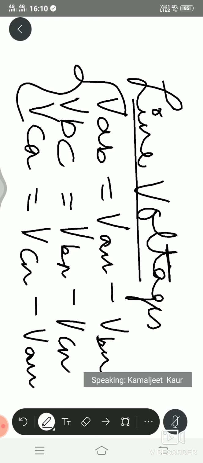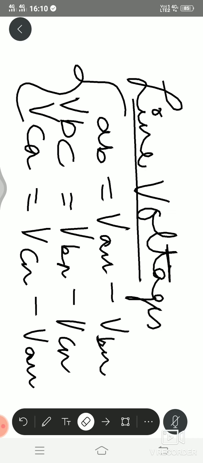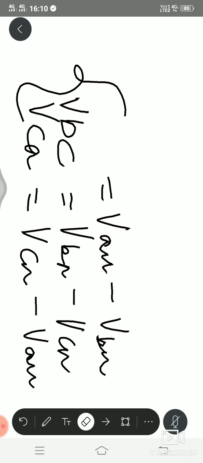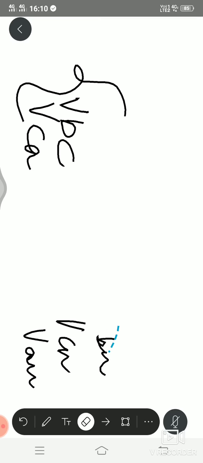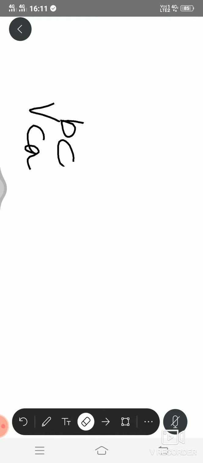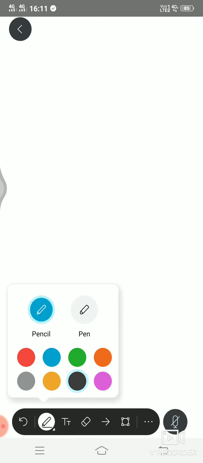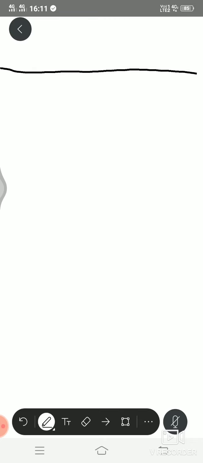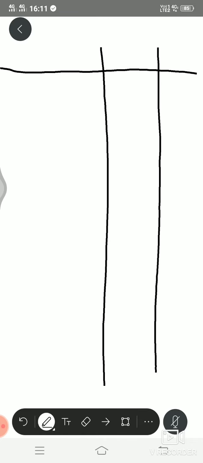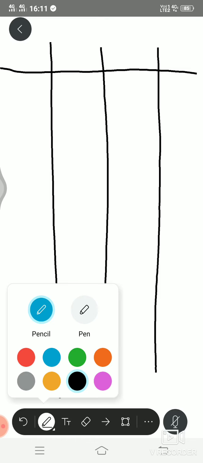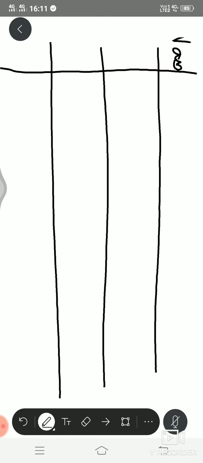Next, we will be drawing the line voltages. So write down VAB, VBC, VCA.